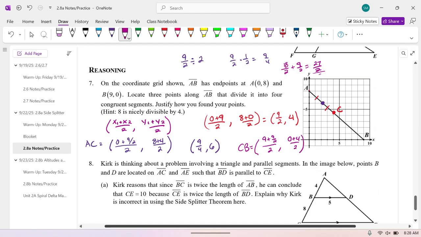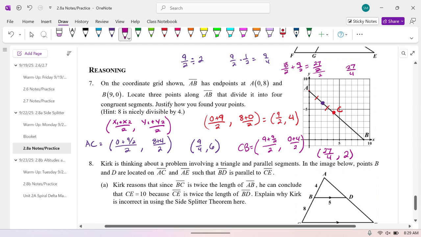And then you got to divide it by 2, or in other words, multiply it by 1 half. So this would be 27 over 4. And then 4 divided by 2 is just 2.